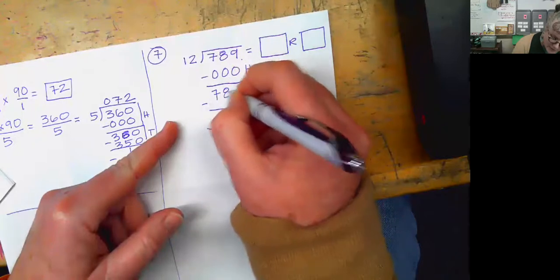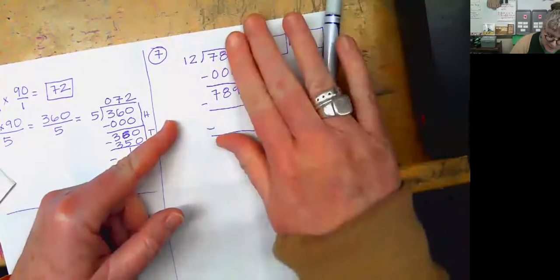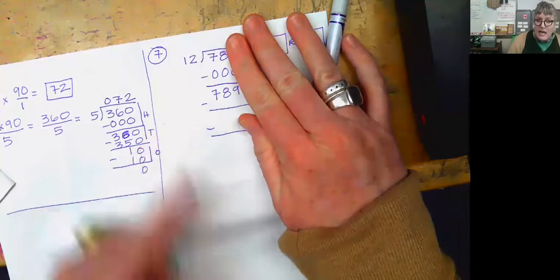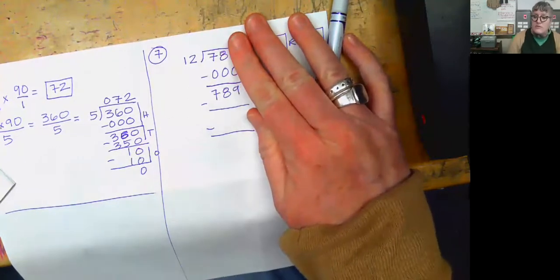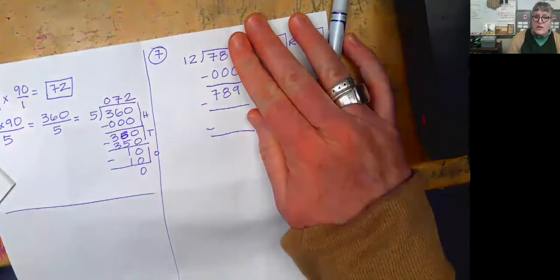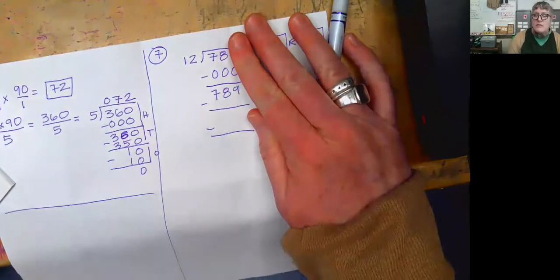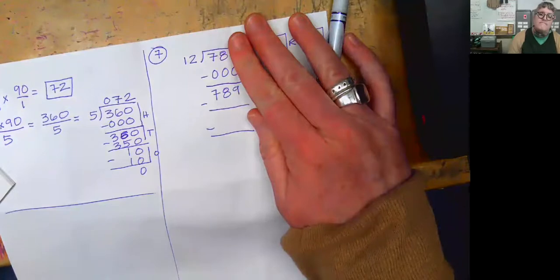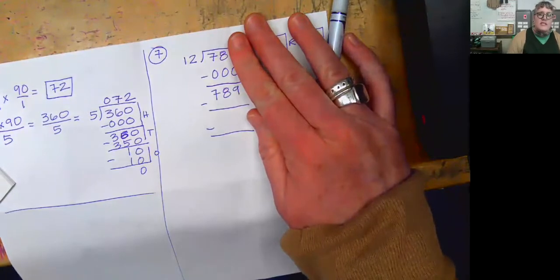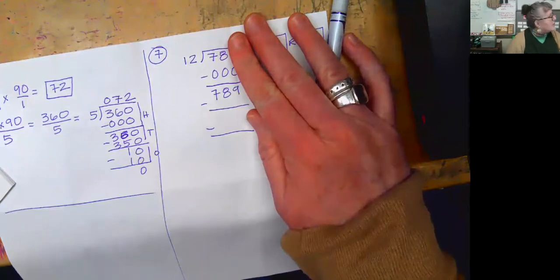And now I'm going to look at the number that's in the tens place, which is 78. And if I know my 12s times tables, this isn't that bad. So I know that 12 times, let's see, 72, sounds like it's going to be about the right number.